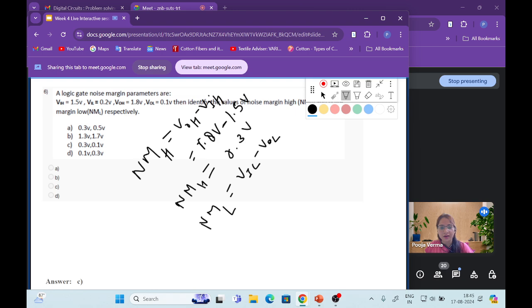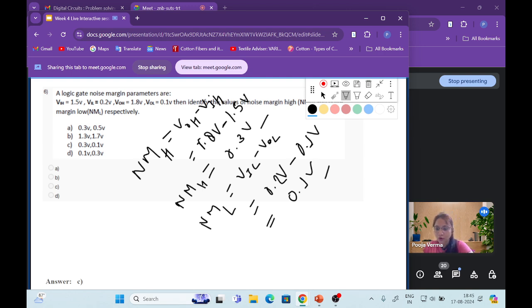Otherwise, we will get a negative. So VIL is 0.2 volt minus VOL, 0.1 volt. What we will get here? 0.1 volt. So noise margin at high level is 0.3 volt and noise margin at low level is 0.1 volt.